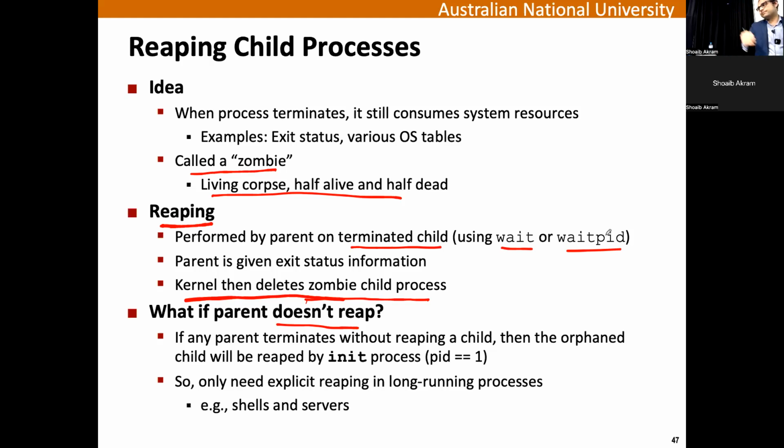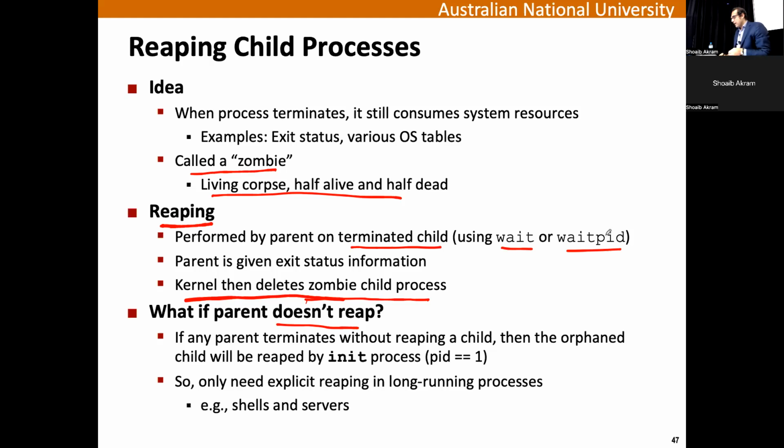It's kind of like when you have a child, you don't just throw them away, right? You watch over them, you know what they're doing. So even if the child is done with all the work, it's still a responsibility of the parent to make sure that the child has terminated properly and to wait on the child and all those things.